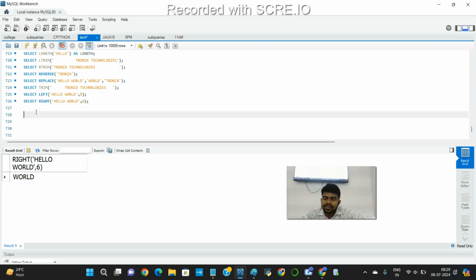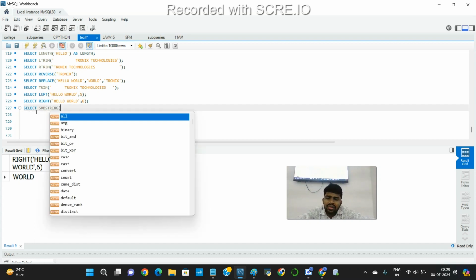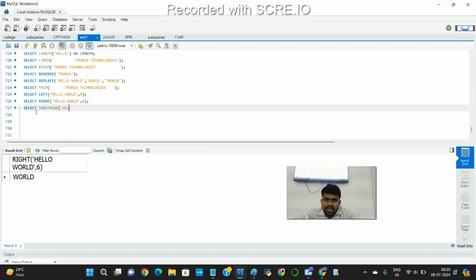For example, select the SUBSTRING function. I want to get a substring from the original string. For example, take hello world. Give the starting number from which you want to access.